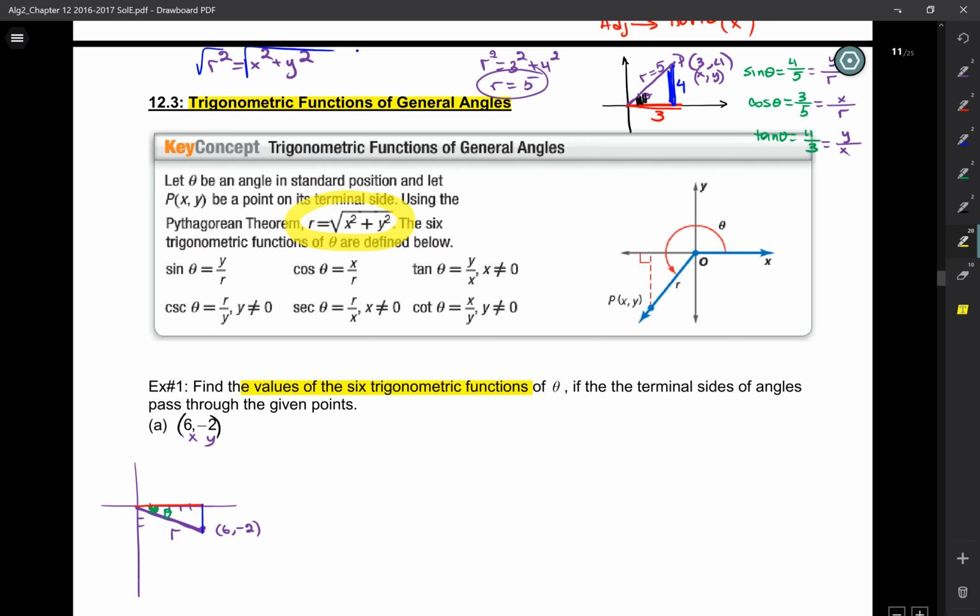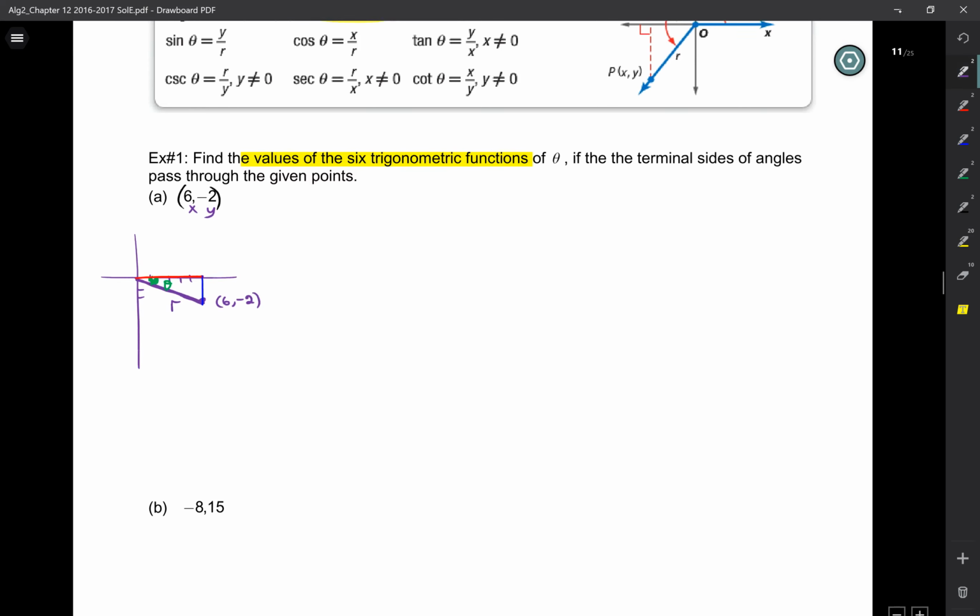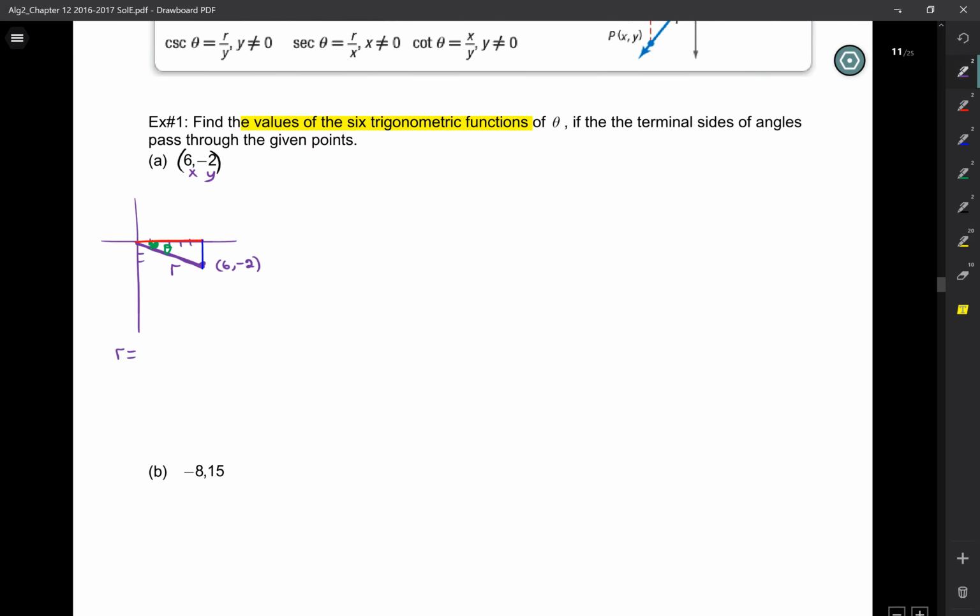So now, r is the square root of 6 squared plus negative 2 squared.